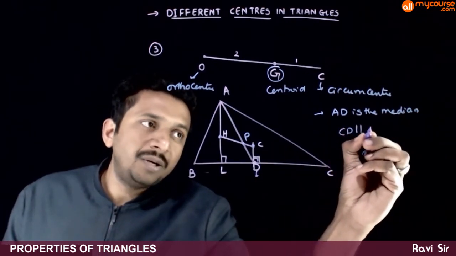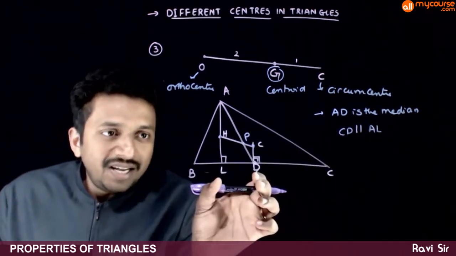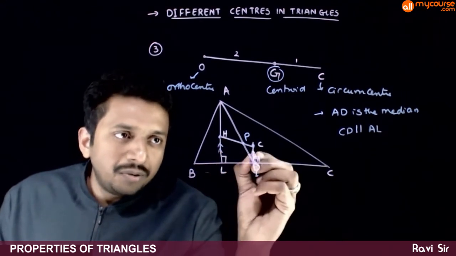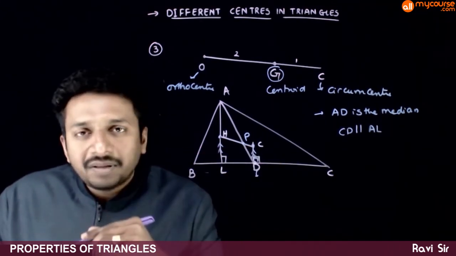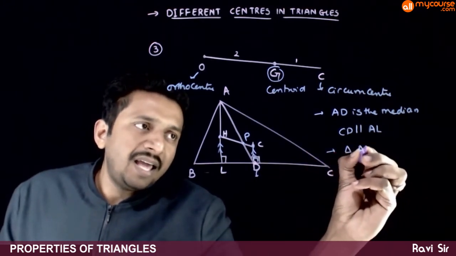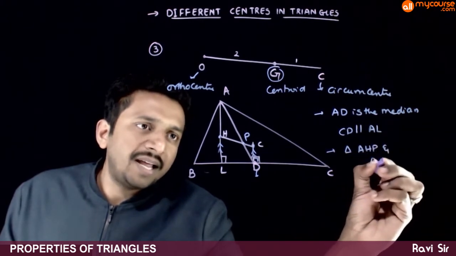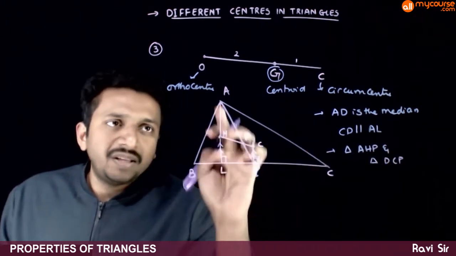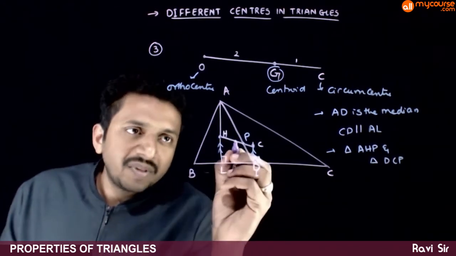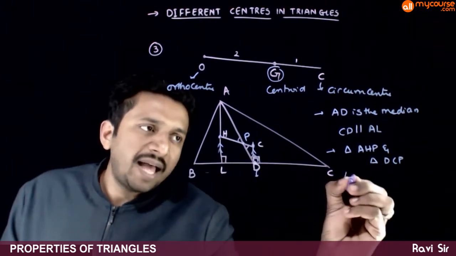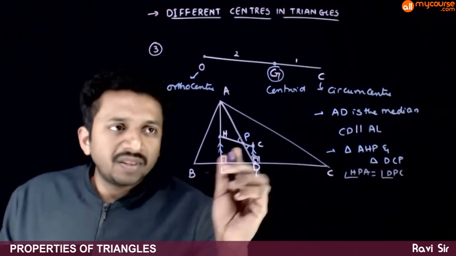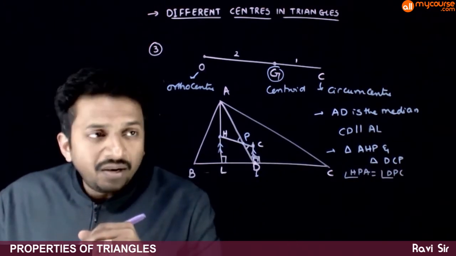CD is parallel to AL because CD and DL are perpendicular to the same transversal. So the altitude will always be parallel to the perpendicular bisector. Now in triangles AHP and DCP, can you see that angle HPA is equal to angle DPC? These two angles are vertically opposite angles, hence they are equal.